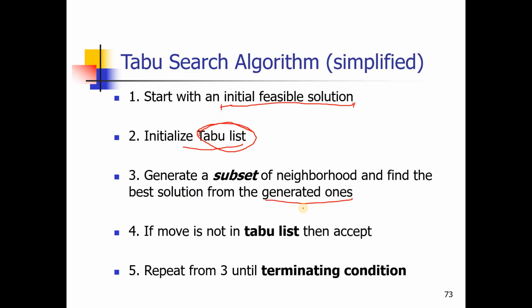So you generate a list of possible neighbors which I can select. For example, this is my current node and I have these possible neighbors. Out of these neighbors, I will select the best neighbor. This had the value I want to minimize. This has 17 and this has 12.